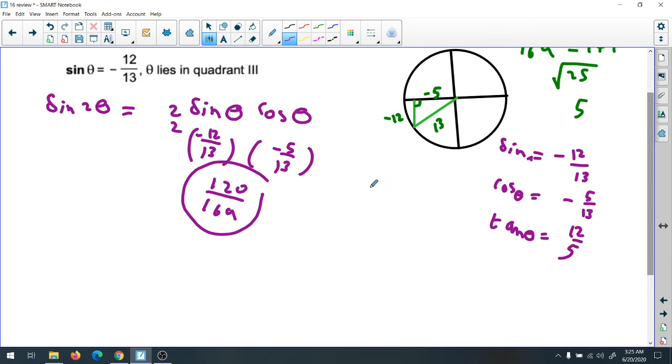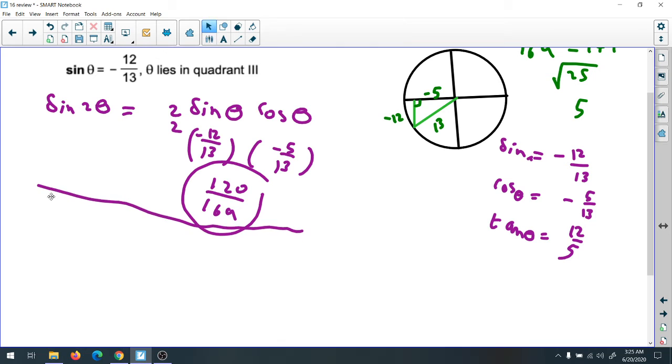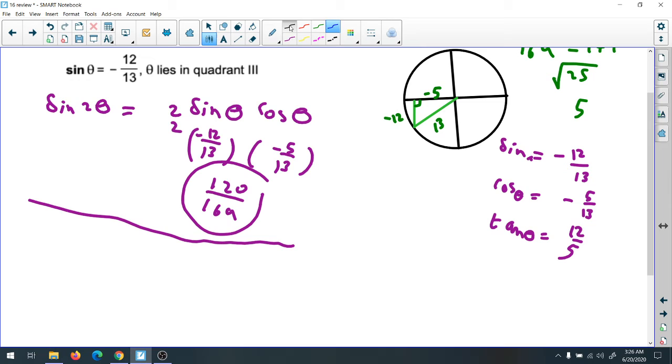Second one, we need to find cosine double angle. Cosine double theta equals... we have many formulas for cosine.